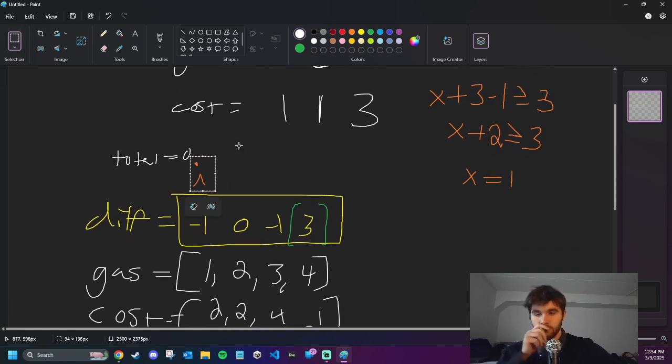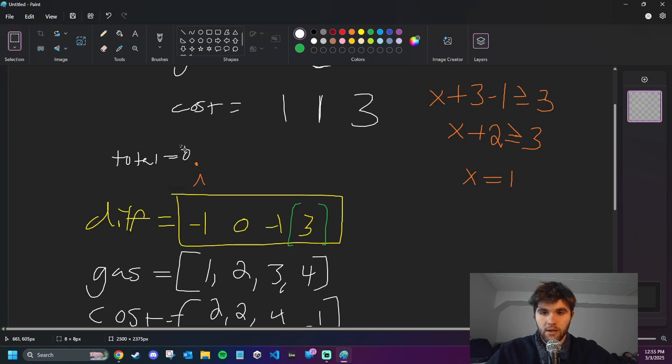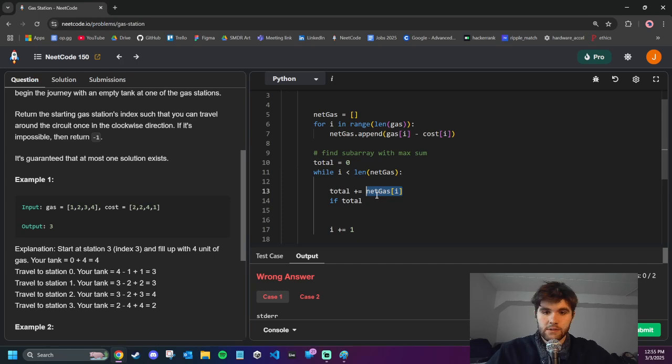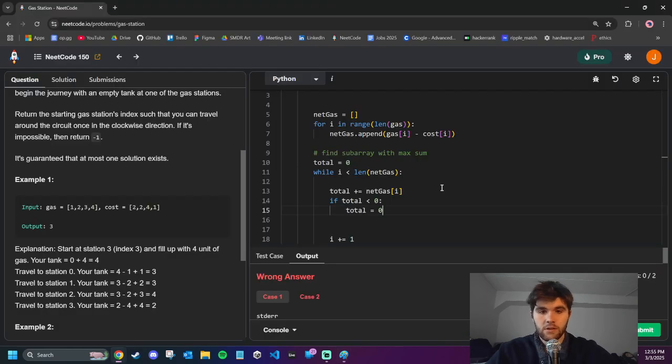We're going to start here. Total is going to be total plus equals diff, which is net gas of I. And then if it's negative, so if total is less than 0, then we should reset it to 0.